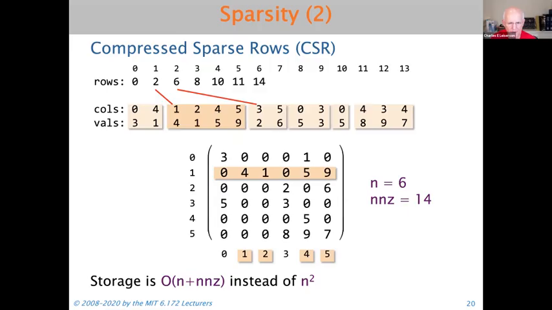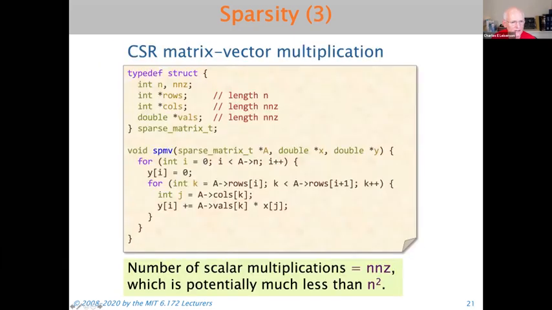That's a fair amount of sparseness. Then this tends to be a really good representation. Now you still have to operate on it. The code here goes through, and if you analyze it, you'll see that the number of scalar multiplications is the number of non-zeros, which is potentially much less than n squared.